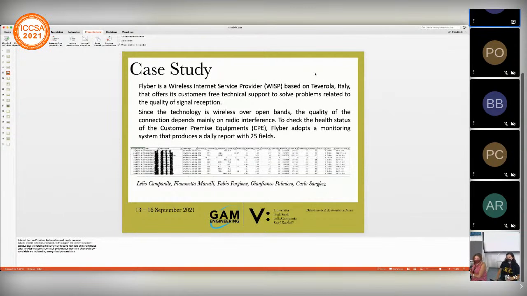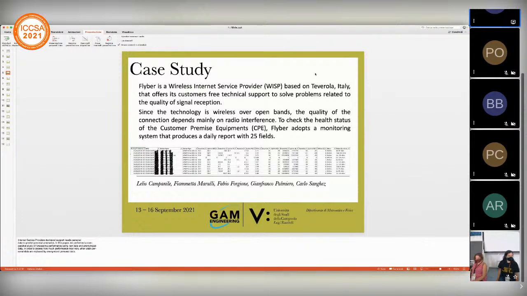And because the technology is wireless over open bands, the quality of the connection depends on radio interference. As a consequence, Flyber uses a system to check in real time the health status of the customer premise equipment. When I say customer premise equipment, I mean a sort of radio device in the house of a customer.